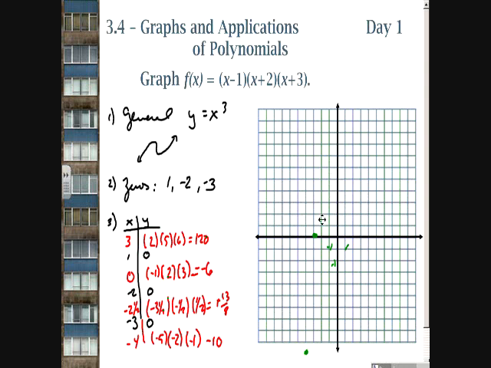This is 2.5. And then get there. And then at 0, I'm going to go down to -6. At 1, I'm going to come back up to 0, and then by 3, I'm already way up here.